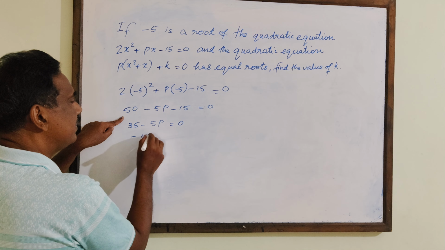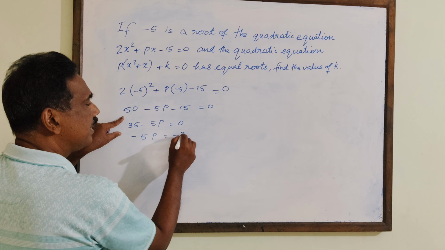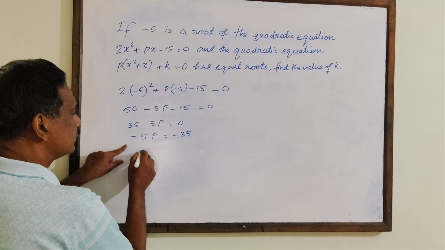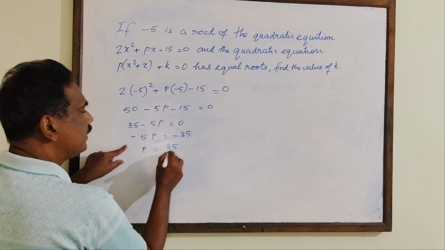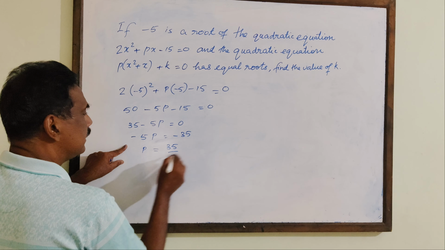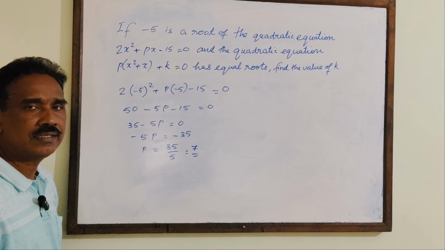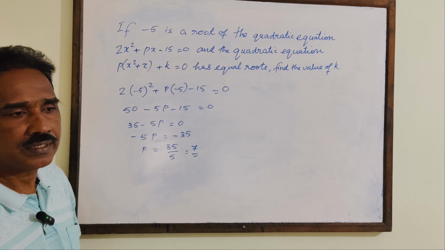Rearranging, minus 5p equal to minus 35, you shift to the other side. So minus minus becomes cancelled. So you are getting p is equal to 35 divided by 5, that is equal to 7. So first part is obtained. 7 is the value of p.